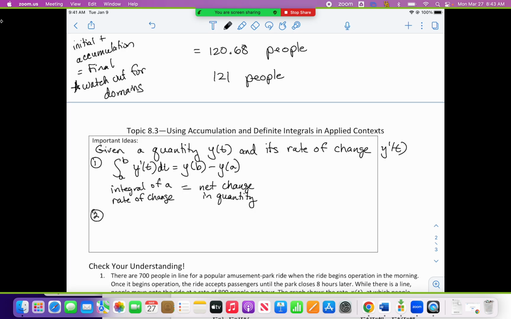The second idea is the accumulation equation. That's y of t equals y of a plus the integral from a to t of y prime of x dx. So if I want to get to wherever t is, I take the initial amount plus that net change.